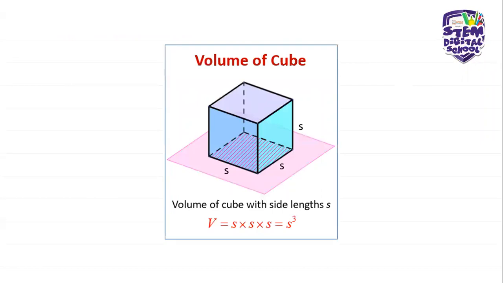Example of a cube, as you know by now, this is a cube with the side, and of course, we are going to demonstrate that the volume of a cube with the length S, it's V equals S cubed. That's how we define the volume.